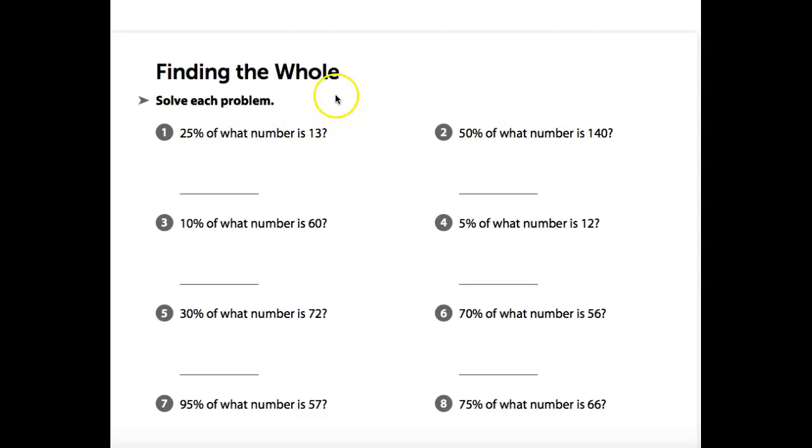Okay, so we know that 25%, just like the last page that we did, is 25 per 100, or 25 over 100.